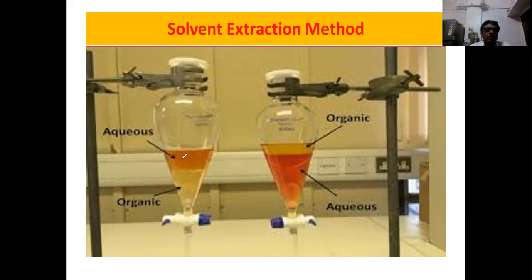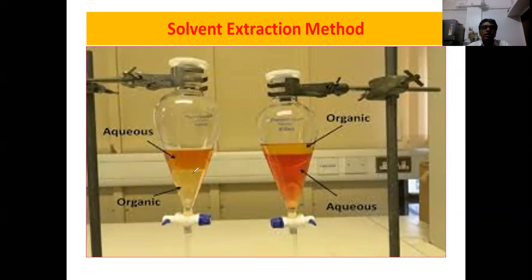These two solvents are immiscible with each other, so distinctly we can see the two layers. In this case, the organic solvent is the upper layer and the aqueous solvent is the lower layer. This is because the organic solvent is lighter, and the aqueous solvent, water, is heavier than the organic solvent.